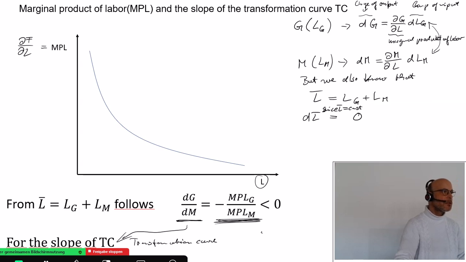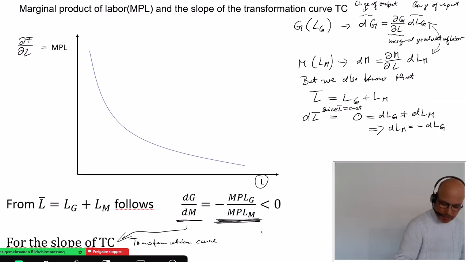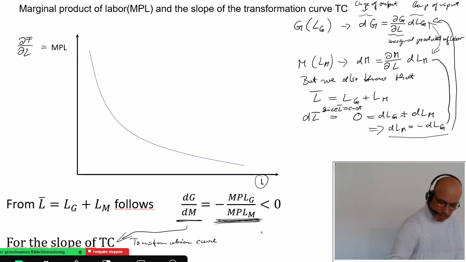So to speak, the first derivative of a constant is just zero, is just the sum of the two changes. So dLG plus dLM, and then of course we obtain the trivial dependence that dLM is minus dLG. And this we now put into our two former equations.